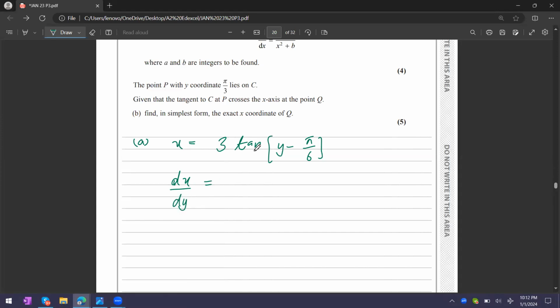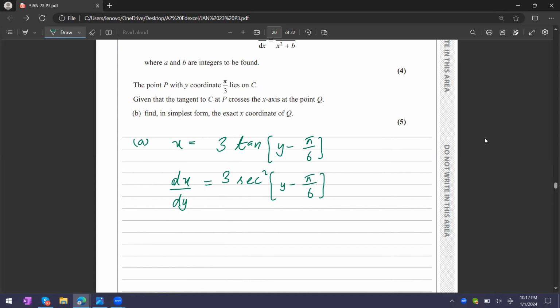Tangent function differentiation is secant square. So we will write 3 secant square y minus pi by 6 times the differentiation of the angle, which is just 1. So that's it for the differentiation.